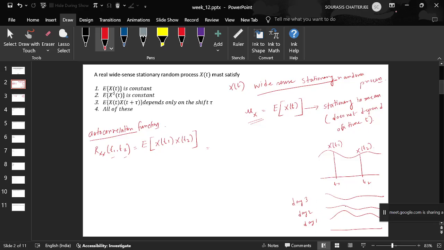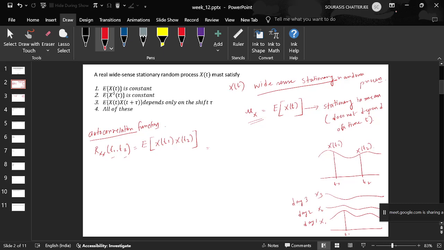If every day I am sampling at the t1 instant, let's call it x1, this is x2, this is x3. So you can see, even if I am sampling at the same time instant every day, the sample points vary, right? So we take all these values and compute the expectation, and that will give me the autocorrelation function, which intuitively says something about the correlation of the samples of a random process at two different time instants.